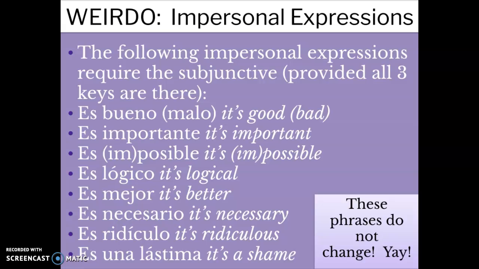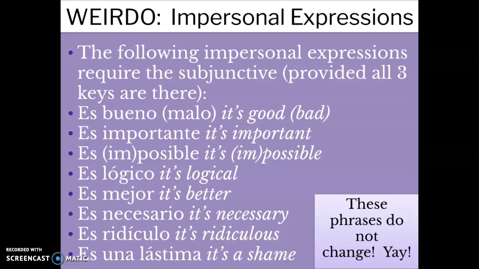So that would be beban. And then our word for water, agua. So number 1, we should have es bueno que ellos beban agua. Now I want you guys to pause, and I want you guys to complete números 2 a 7, por favor. So you are completing numbers 2 through 7, and remember that your second verb is going to be in the subjunctive.